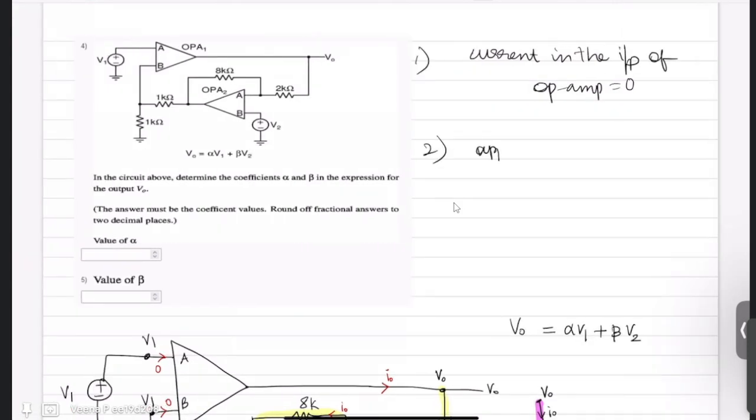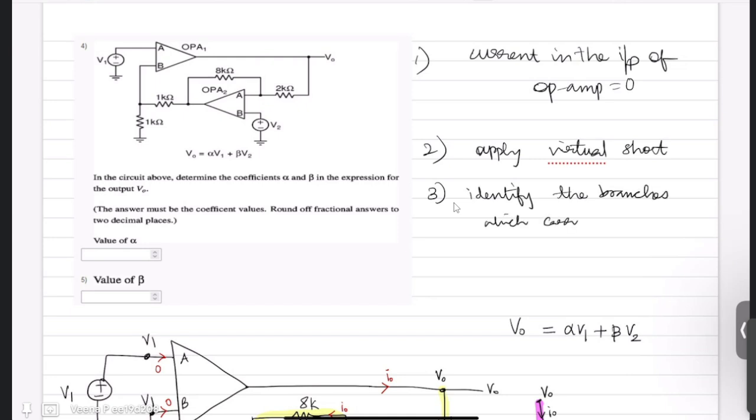Next you apply the virtual short concept, and then you identify the branches which carry the same current. Once you identify the branches, you just have to apply Kirchhoff's current law. So follow these 4 steps, you will be able to solve most of the problems on op-amp.